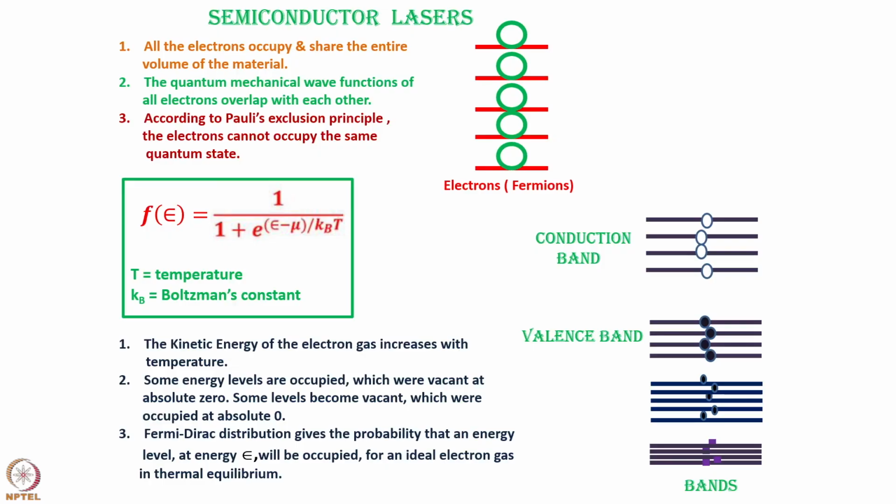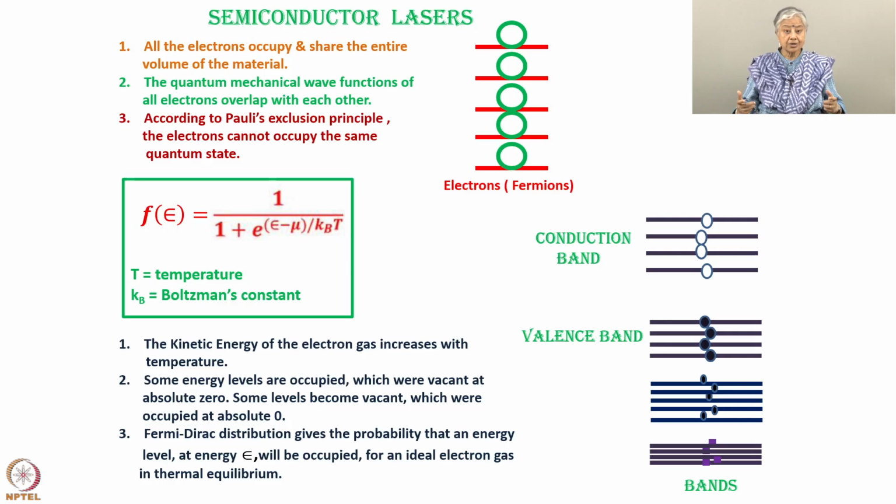Okay. So, all the electrons that occupy a semiconductor share the entire volume of the material. See, again this is one big difference between the lasers we have spoken about before and the semiconductor lasers.